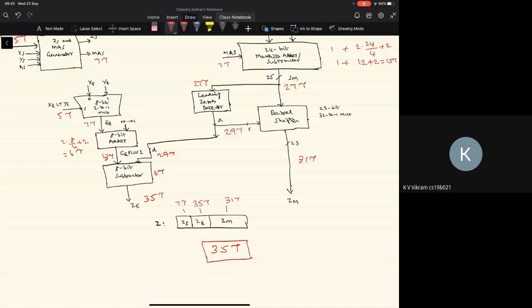But this will be the minimum delay, 35 tau. So what is this time that we are talking about? 35 tau is taken for performing the addition or subtraction operation on two real values which are represented using 32-bit floating point format.